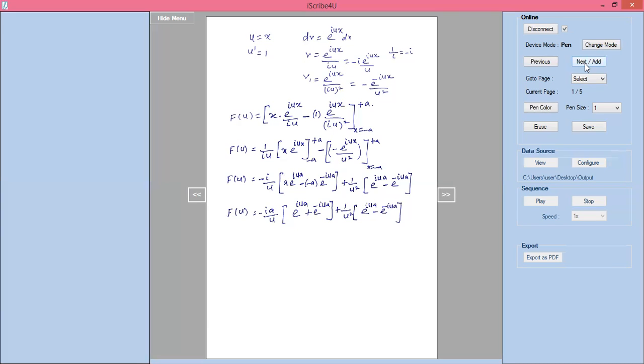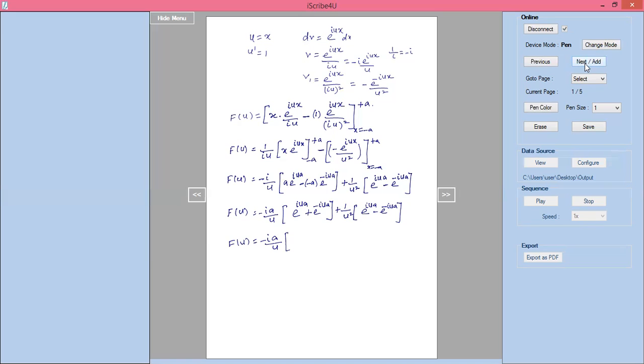Now f of u equal to minus ia divided by u into e power i theta plus e power minus i theta. e power i theta plus e power minus i theta is nothing but, in the place of theta, ua is there.